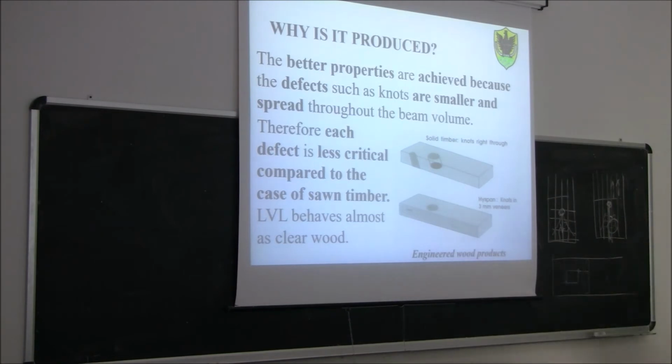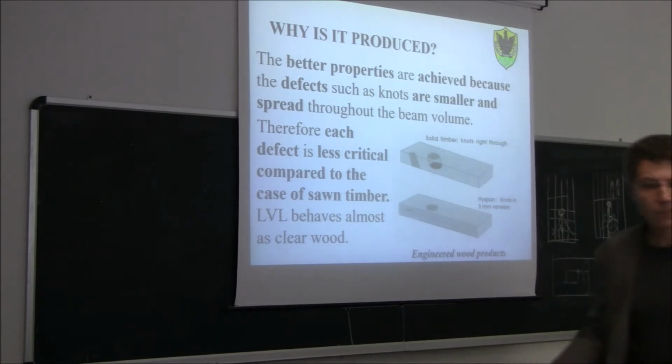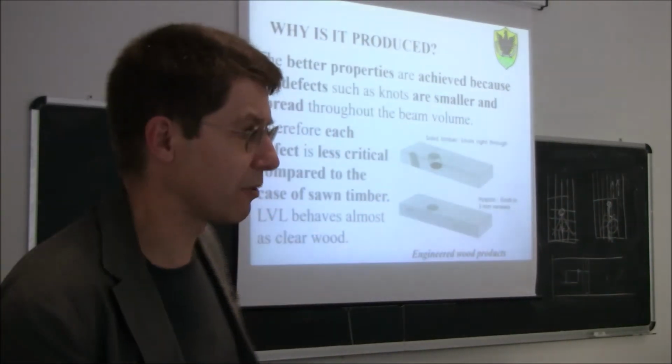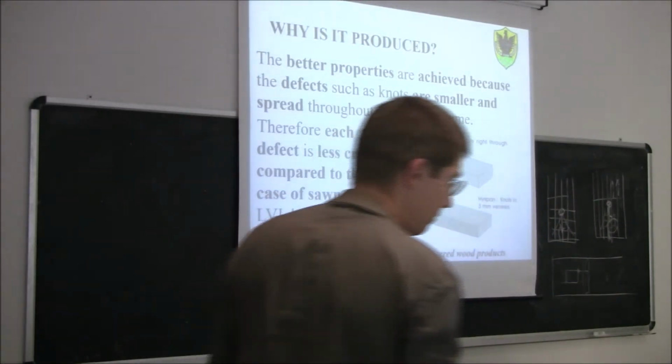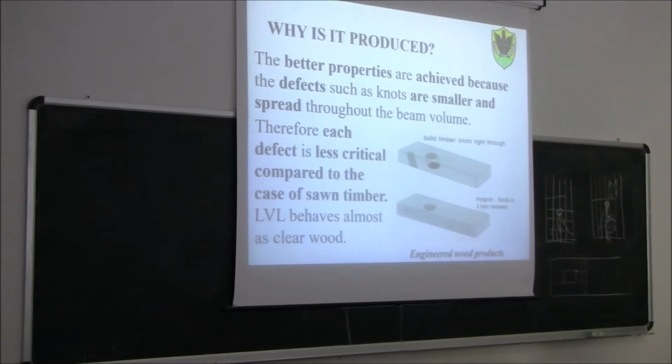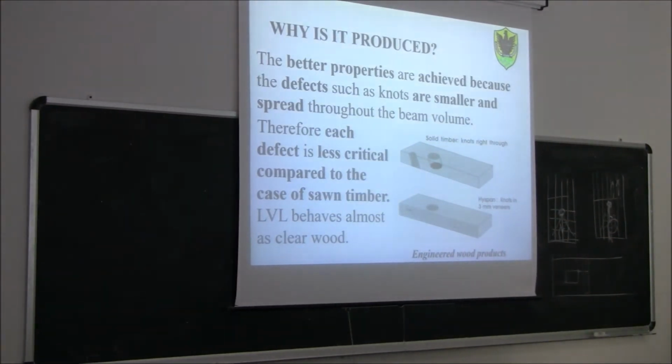And as we said last time, with LVL we have almost clear wood. So in the end, we could basically get rid of the defects with this material. The property of this material is like the property of a clear specimen without any defects. Okay?